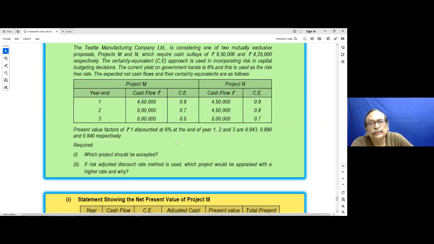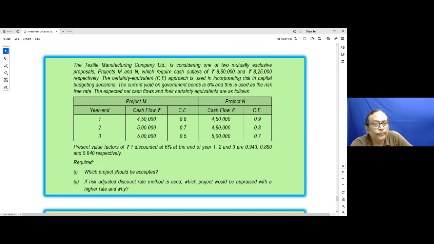Now we are coming to solve one problem. The Textile Manufacturing Company Limited is considering one of two mutually exclusive proposals, Project M and N, which require cash outlays of rupees 8,50,000 and rupees 8,25,000 respectively.